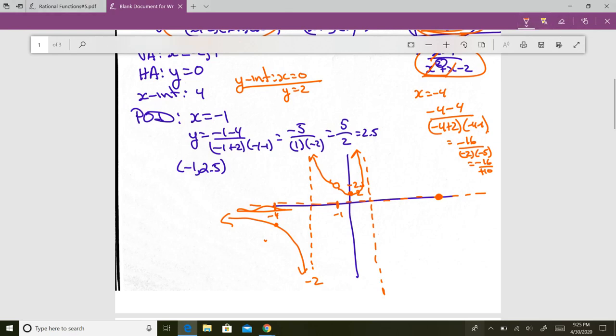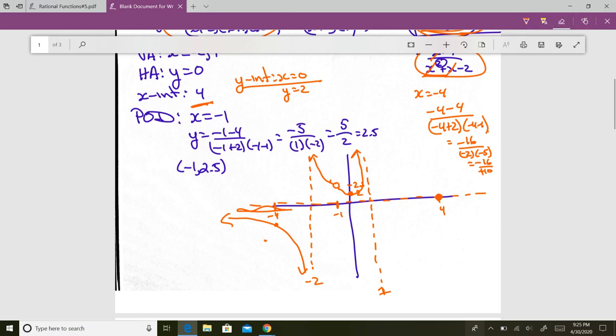And if you're not sure, again, just pick a point. This is 4, it's our x-intercept. But pick another point. This is 1, so pick the point 2. Test where it is. Is it up here? Is it up here? Or is it down below?